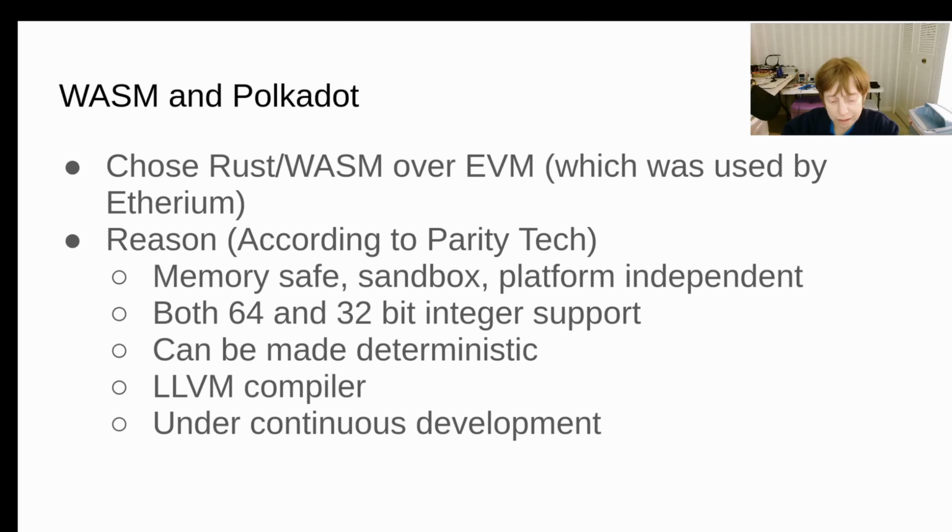The thing with Java is you have memory cleanup, the garbage collection, that makes things not 100% deterministic. It's also an LLVM compiler, a compiler technology that they've been working on for years. And it's under continuous development by big companies like Mozilla, Microsoft, and Google. So that's why Rust was chosen and combined with Wasm for the Polkadot code.